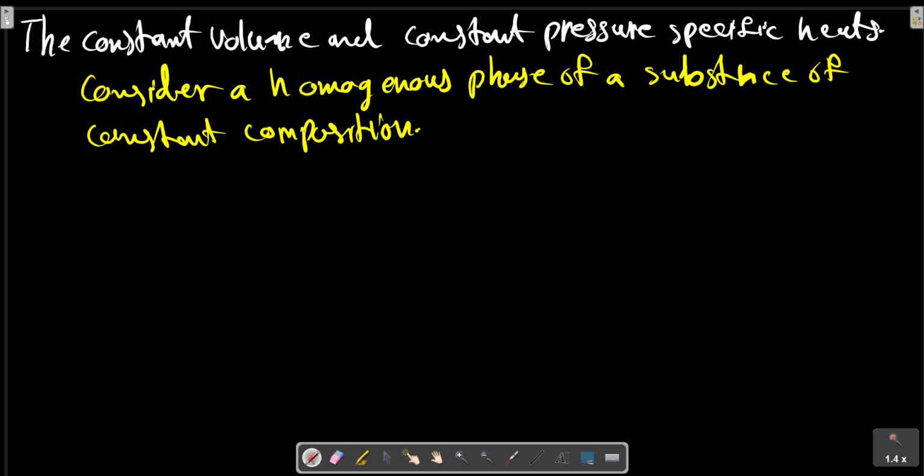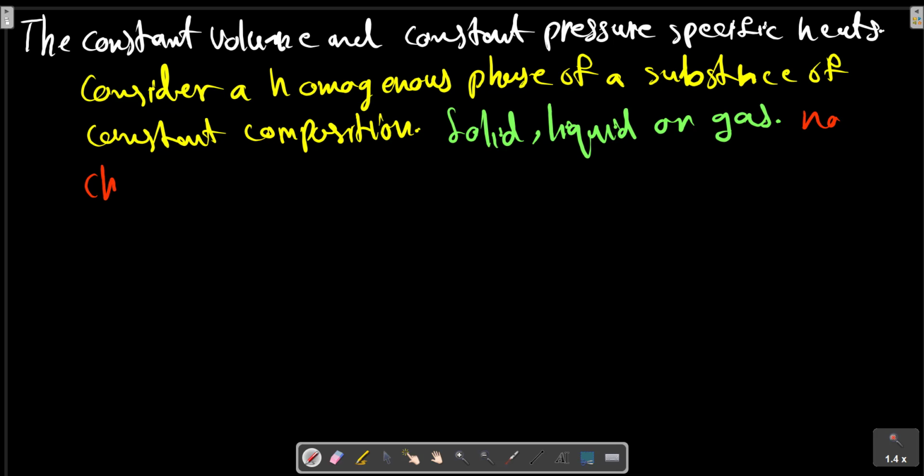This phase may be a solid, liquid, or gas, but no change of phase will occur. We will then define a variable termed the specific heat.